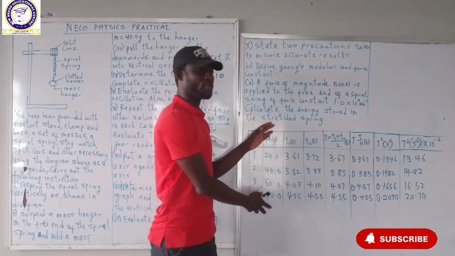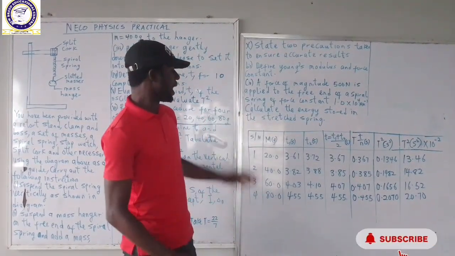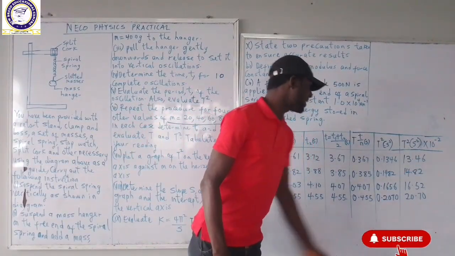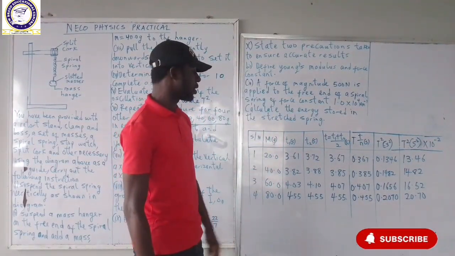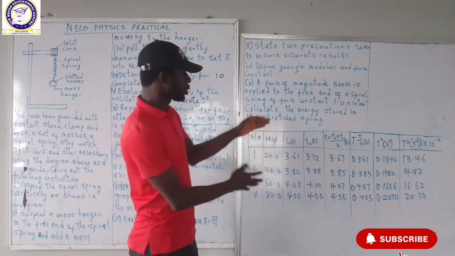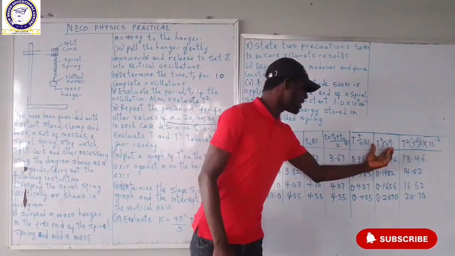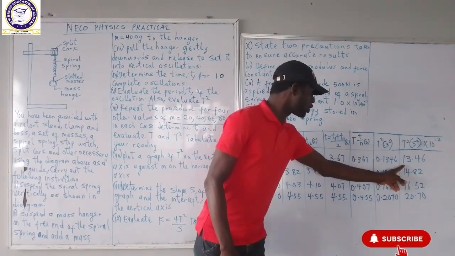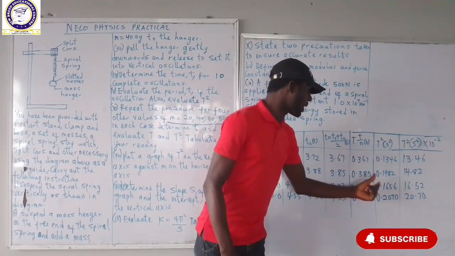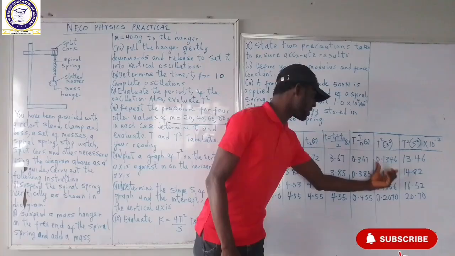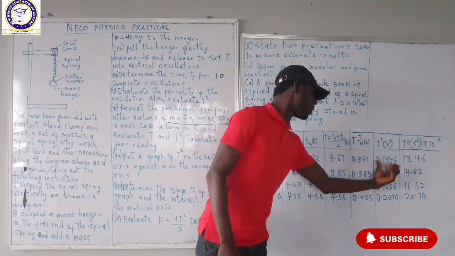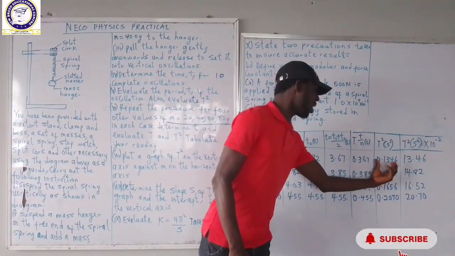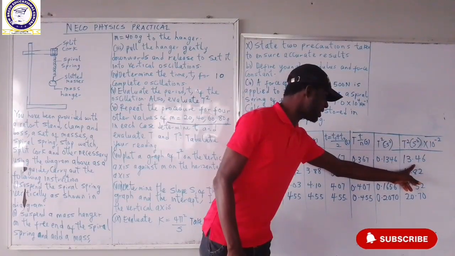So this is the table that we have gotten from our experiment, and we are plotting our T squared on the vertical axis against m on the horizontal, according to our question. Here we have another column for our T squared. The reason why we have this column is to make it easy for us to plot T squared on our graph, because 0.1346 would be difficult to locate on your graph. So we multiply this value by 100 to get 13.46.